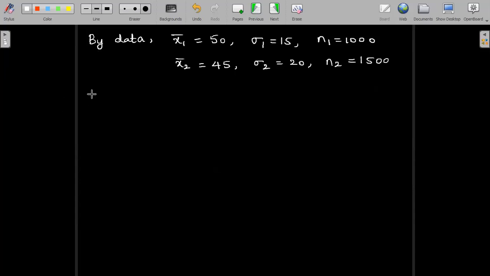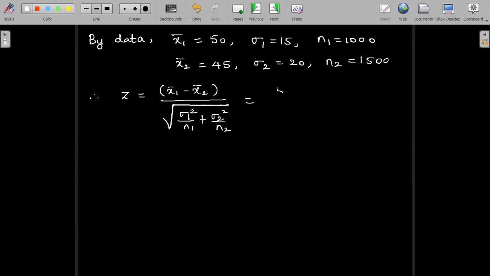So with all these, we'll write the Z formula now. X1 bar minus X2 bar, the whole divided by square root of sigma 1 square divided by N1 plus sigma 2 square divided by N2.